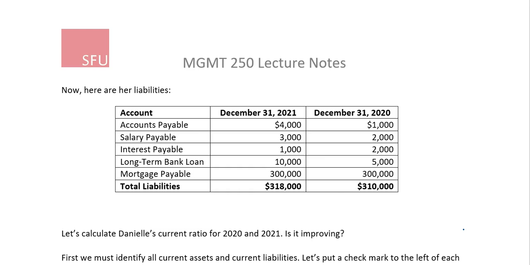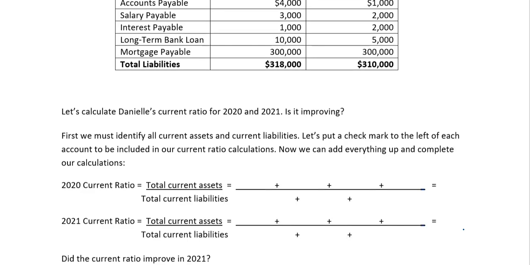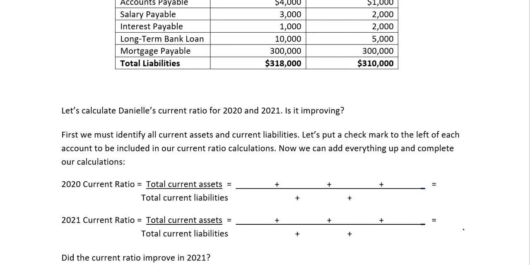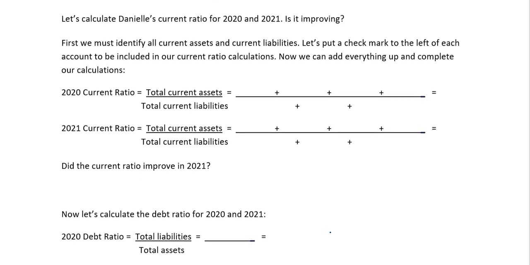Once we have those, then we can do the calculation of figuring out what the 2020 current ratio is first, and then the 2021 current ratio. And then once we have the final numbers, we can compare them and decide if the current ratio improved in the year 2021. So how does it compare to last year?